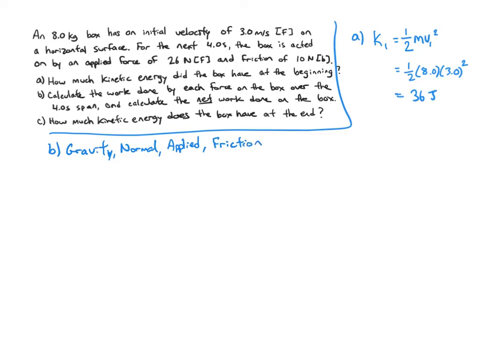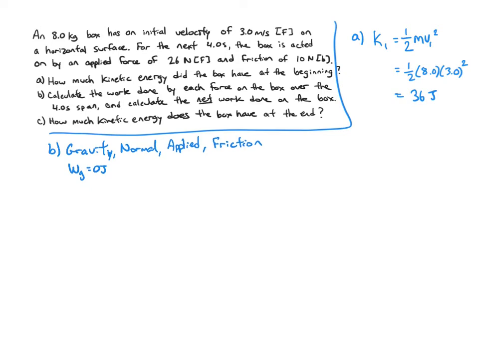And it's asking us to calculate the work done by each of these forces on the box. Now, gravity and normal are simple. Actually, the work done by gravity is 0 joules because gravity is 90 degrees to the direction of motion of this box. And remember, if it's 90 degrees to the motion, the work done is 0.